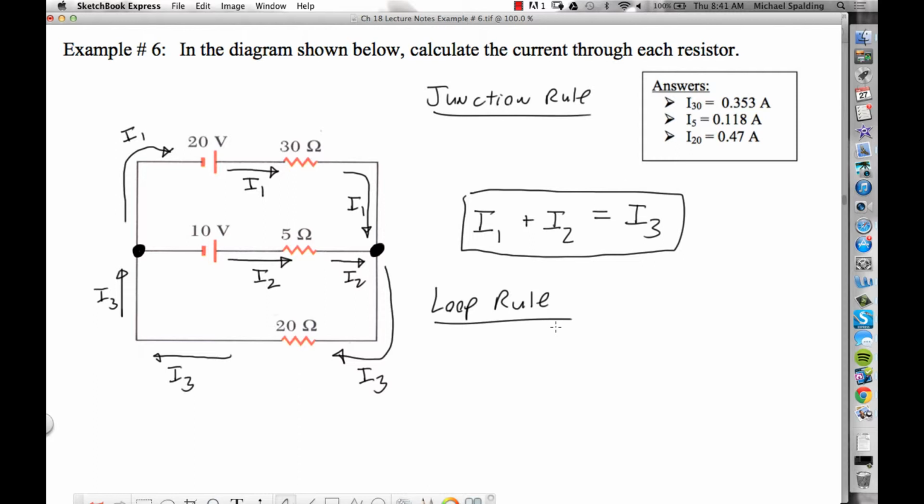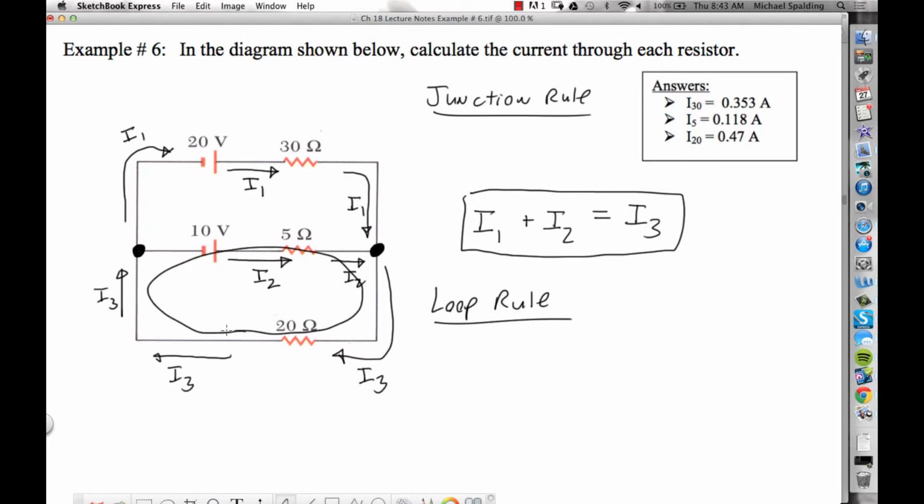So how many possible loops do we have in this circuit? There are 3. What are the 3 possible loops? Well, the first possible loop is the outer perimeter. We could loop the outer perimeter. What else could we loop? We could loop the top. That's the second possible loop. And then there's the bottom.